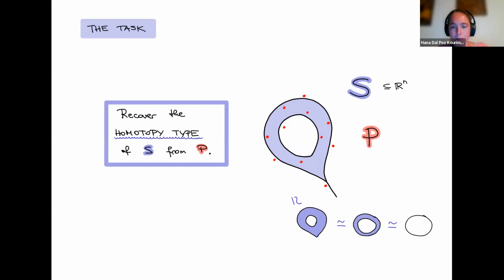Just as a note, we will have this example recurring in the whole presentation, and this set has a homotopy type of a circle. So the question is, can we recover this circle from the point cloud P?